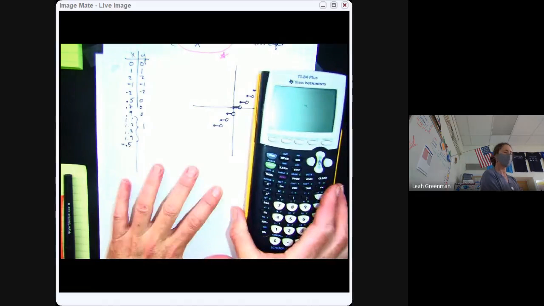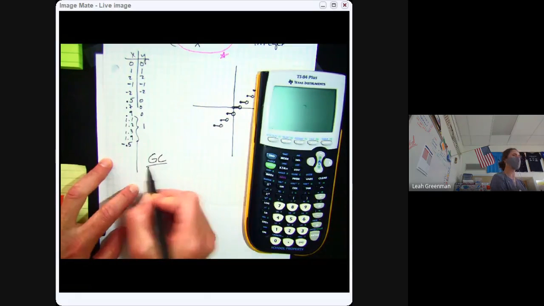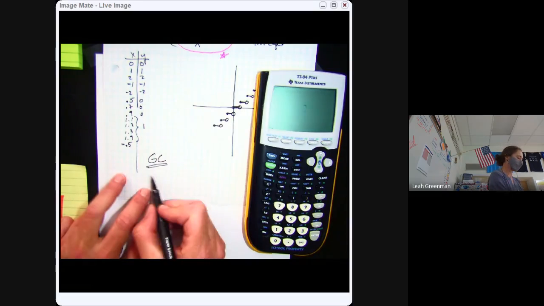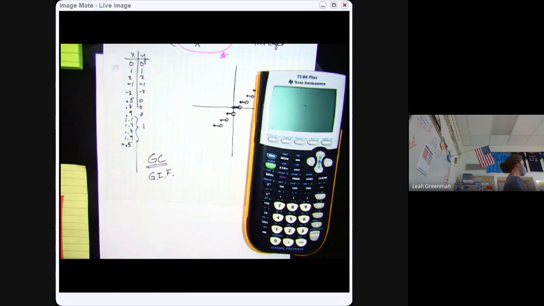All right, now take a look. Graphing calculator. On your graphing calculator, you can graph the greatest integer function, which is not a GIF. When they decided on greatest integer function, there was no such thing as GIFs. So not that acronym. But take a look.